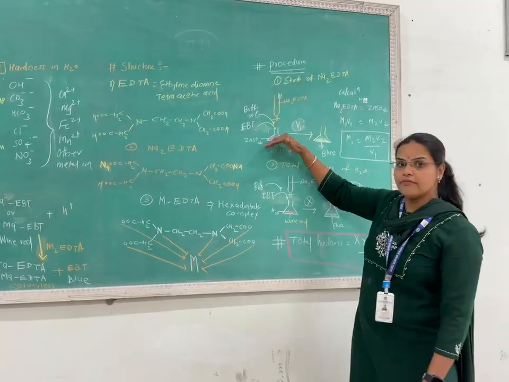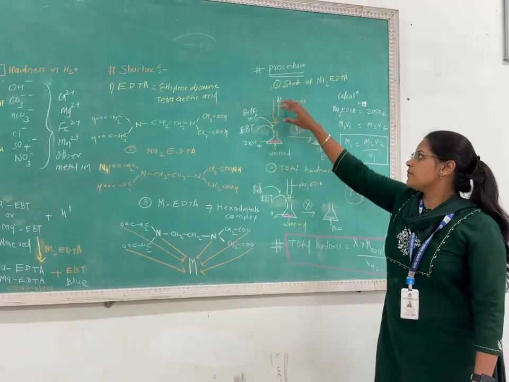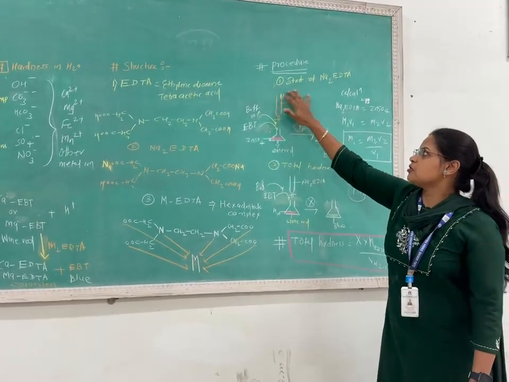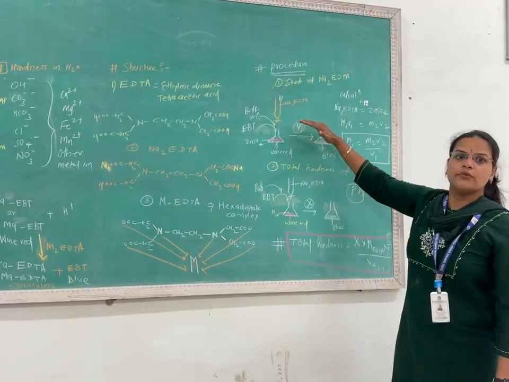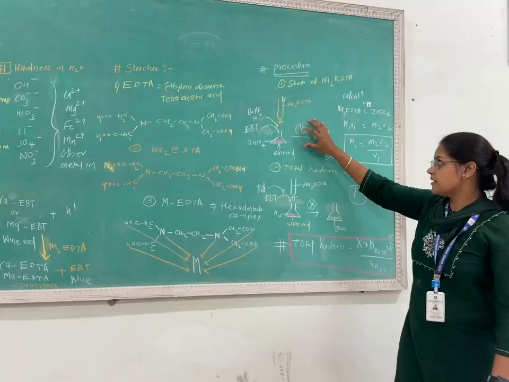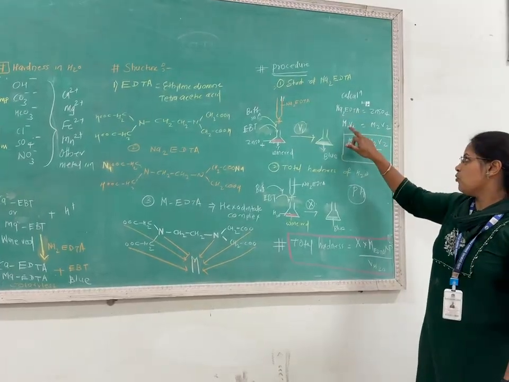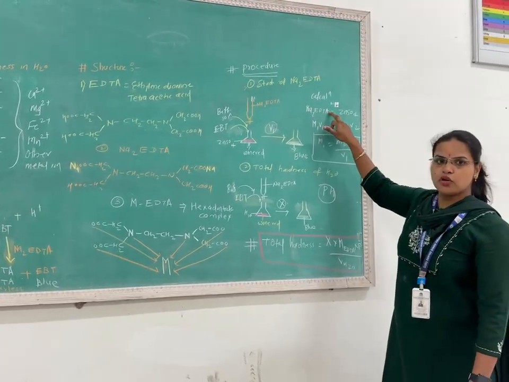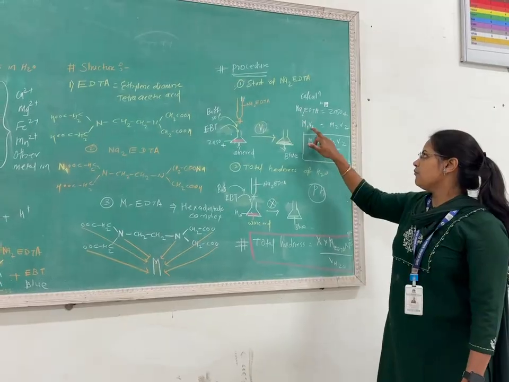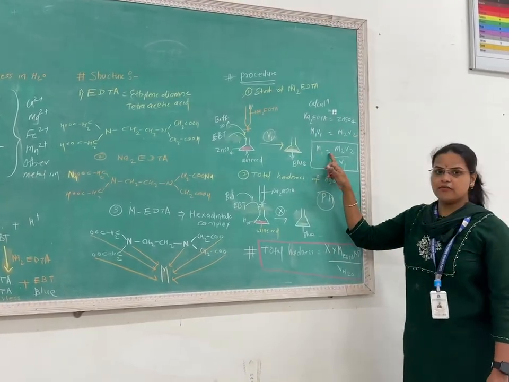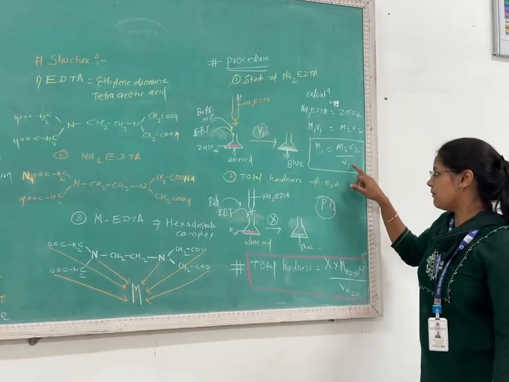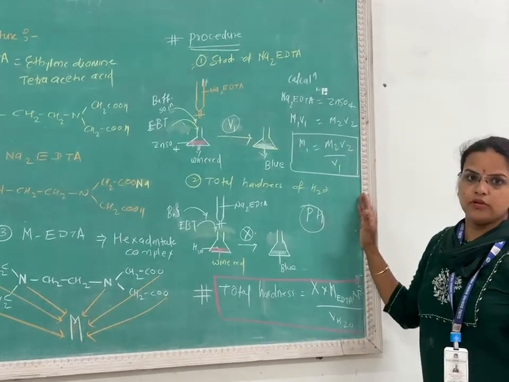Now titrate that wine red color complex with the solution containing disodium salt of EDTA till the color changes from wine red to blue. Note the burette reading as V1. This reading is used to calculate the molarity of disodium salt of EDTA with the help of the formula M1V1 = M2V2. From that, M1 = M2V2 divided by V1, and the unit is molar.